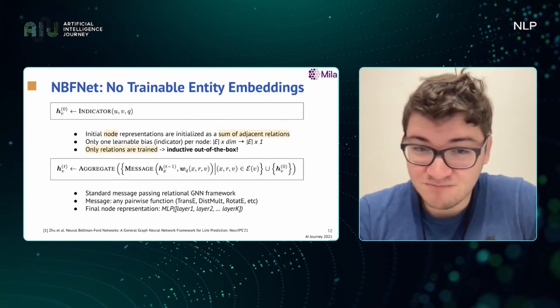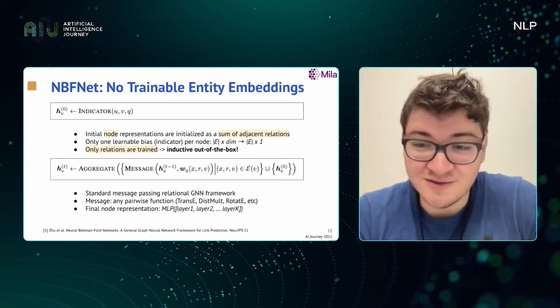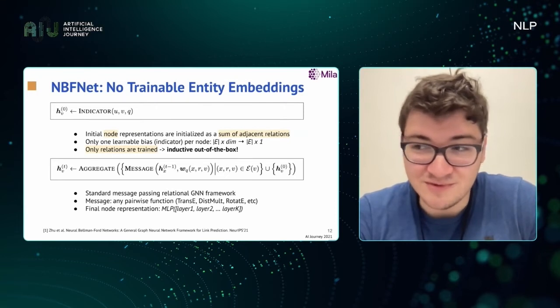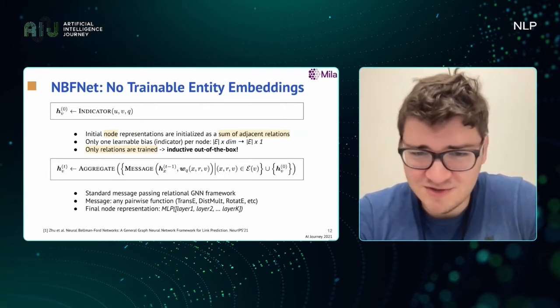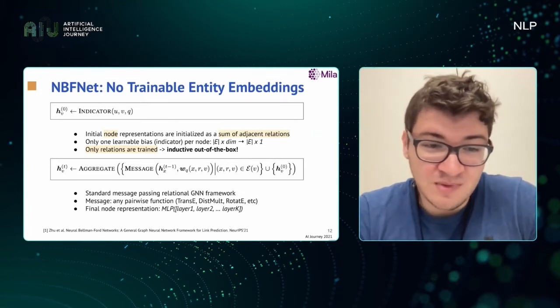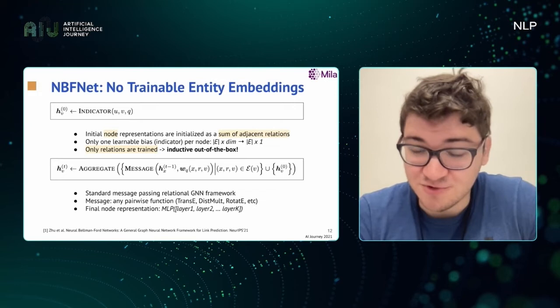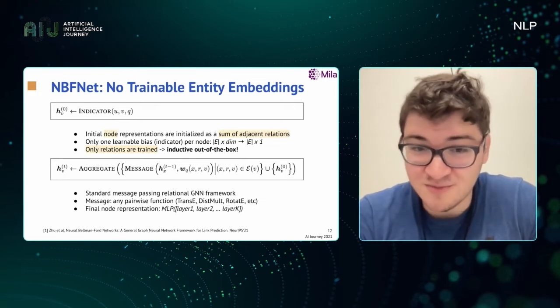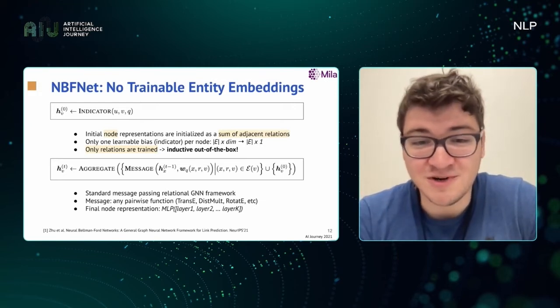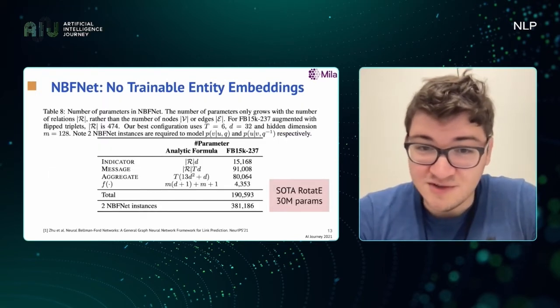We can build it into the message passing framework and use the standard message function with any pairwise function, such as multiplication or rotate, etc. Accordingly, we get a representation of every node from different layers: 6 layers, 6 iterations, but we have to run it through each node in this case, according to vectors.